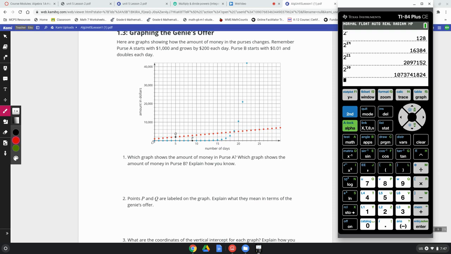So these are representations of the amount of money in the purses. And it says which graph shows the amount of money in purse A, which one shows the amount of money in purse B, right? So of course, here would be purse A with its linear growth.